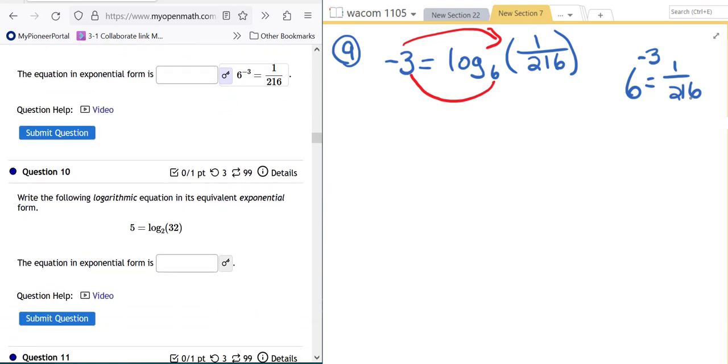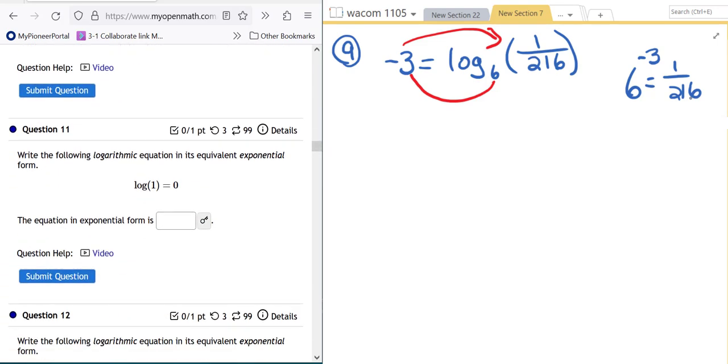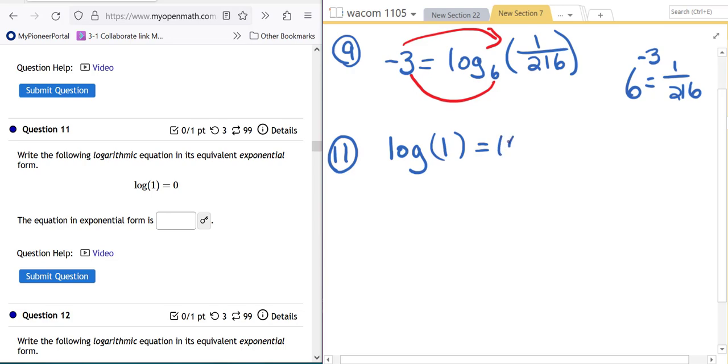Right, next I went to 11. This is using one of the properties. We have just been switching forms to this point. Anytime you take a log of 1, the answer is 0. They want us to switch this to exponential form, but this is one of our properties: log of 1 is 0.